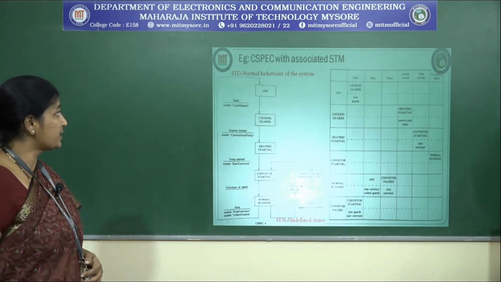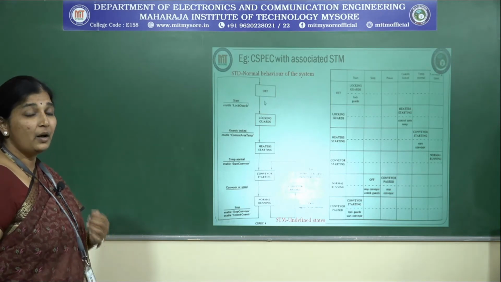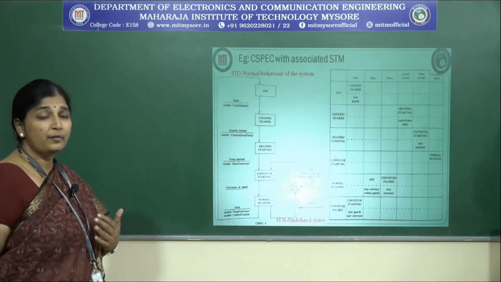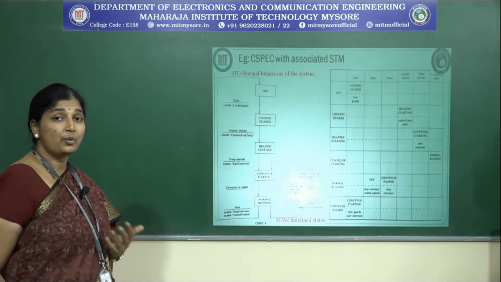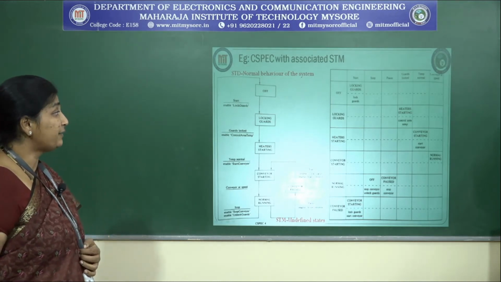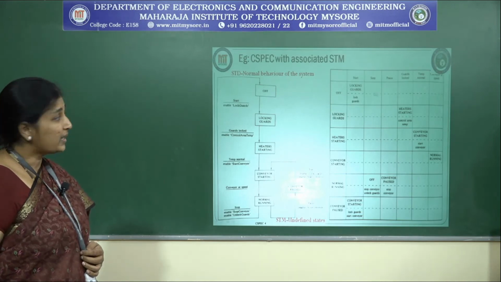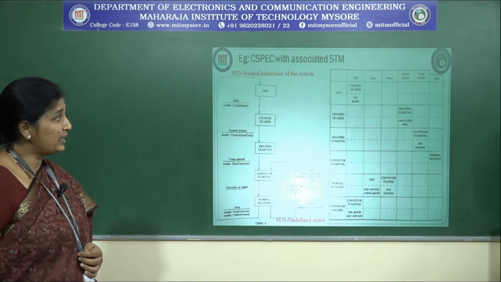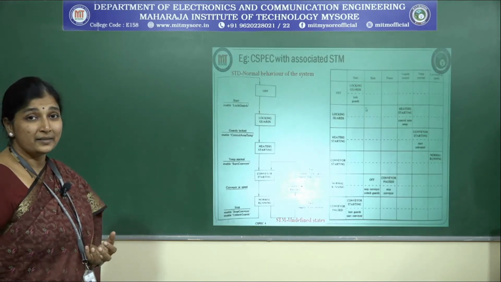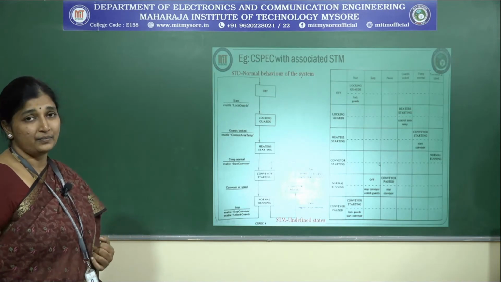For a normal behavior of a system, what do you mean by STD? It is nothing but the normal behavior of a system. But what do you understand with a state transition matrix? You can always see there are certain undefined states. If you just see here in these rows and columns, there are empty blocks, correct? These empty blocks will tell you what are the undefined states that occur at each transition, okay?